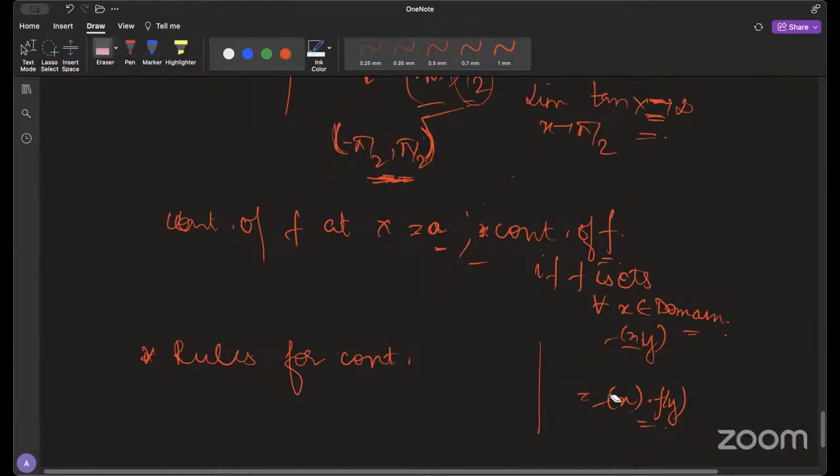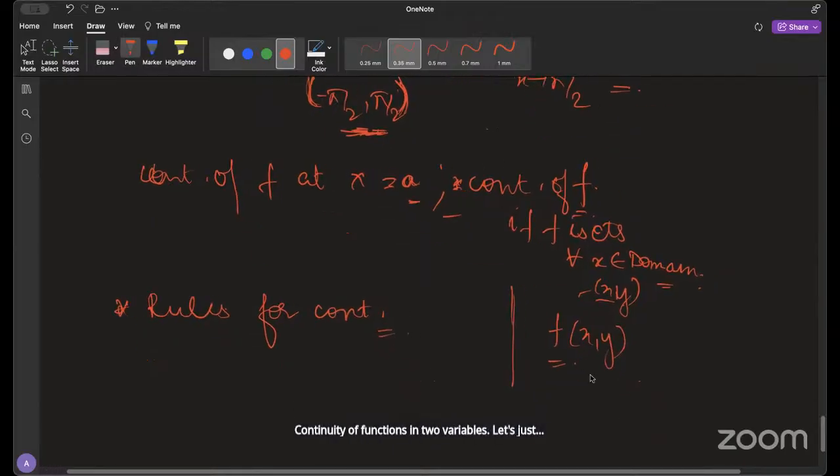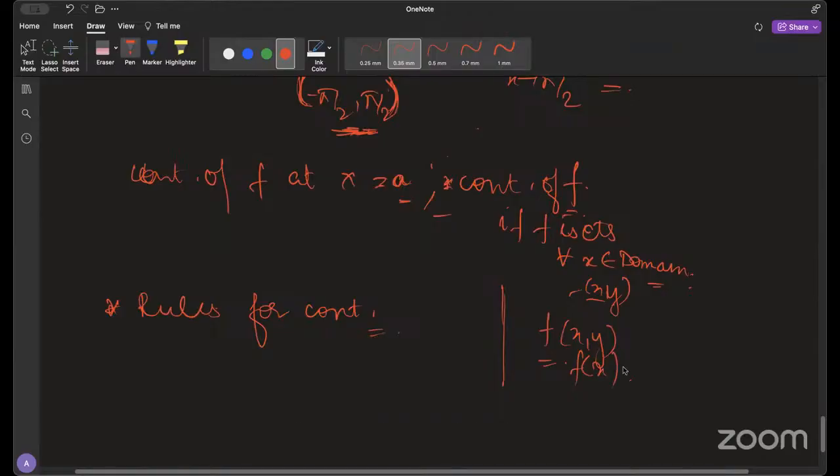We've just started with the definition of continuity in one variable, and we're not even done with the rules yet. You have a question from continuity of functions in two variables. But do you have functions of two variables in your syllabus in week 8?